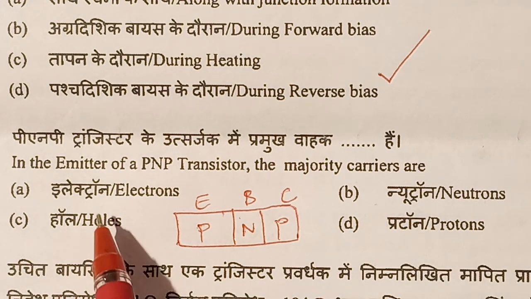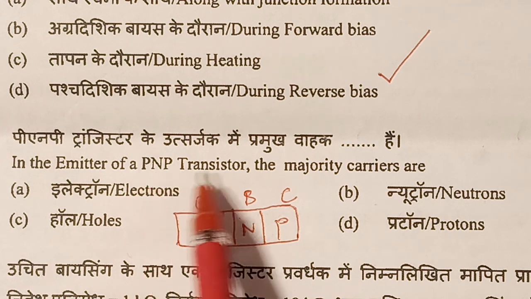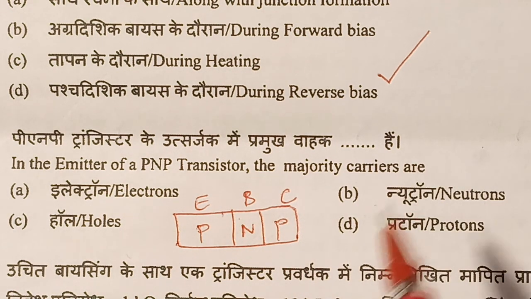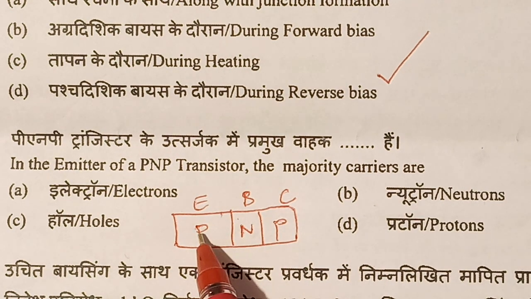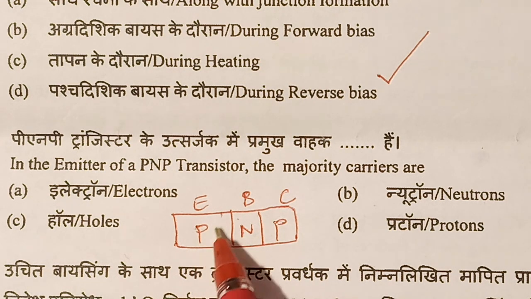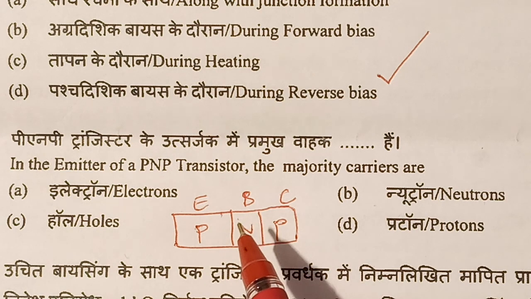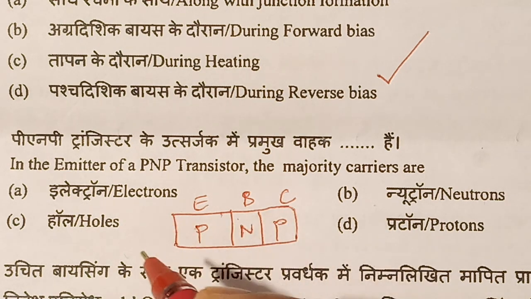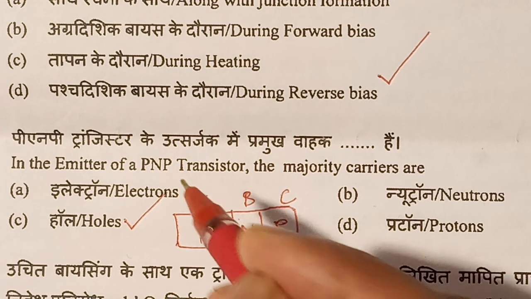The emitter is a p-doped material, so majority carriers are holes. So the answer is option C, holes.